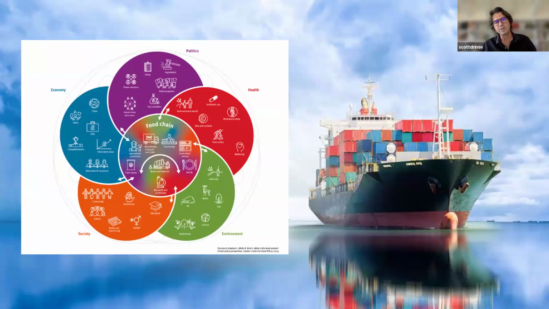But what's important is that around it are these intersections with other systems. If we look carefully at this diagram, this illustration of a food system, we see in blue to the left the economy, where trade sits very centrally. But we also see to the far right, in red, health, with politics at the top center.